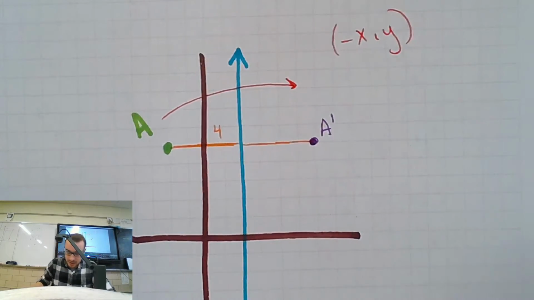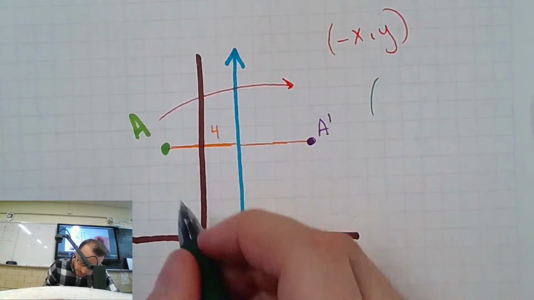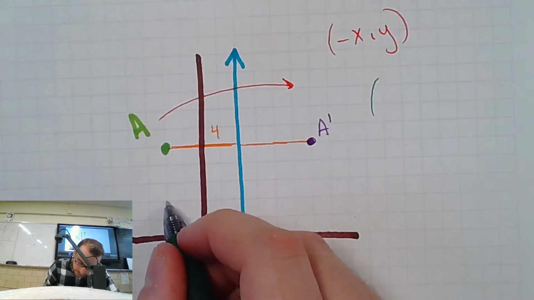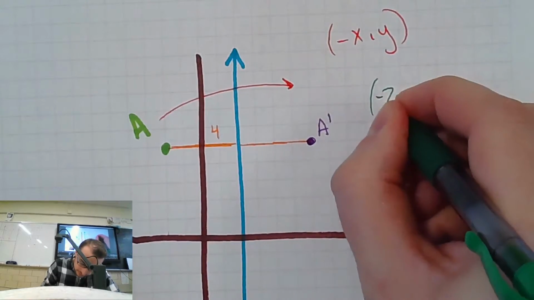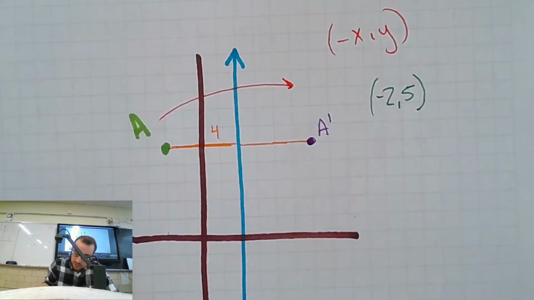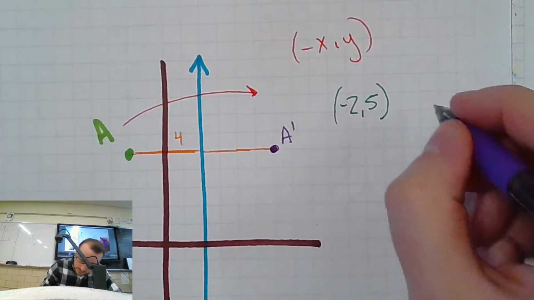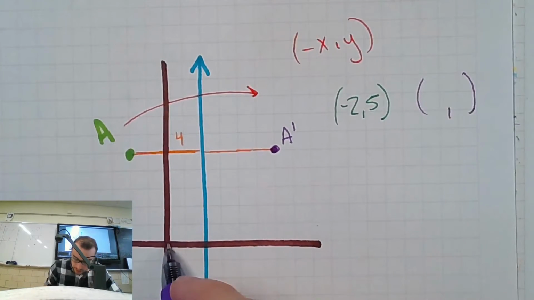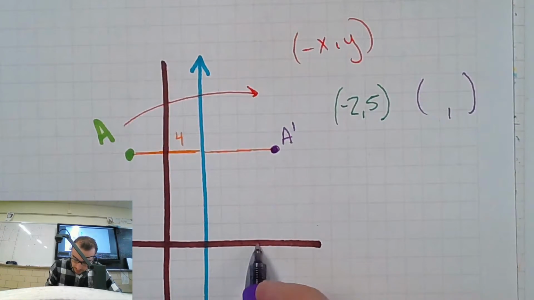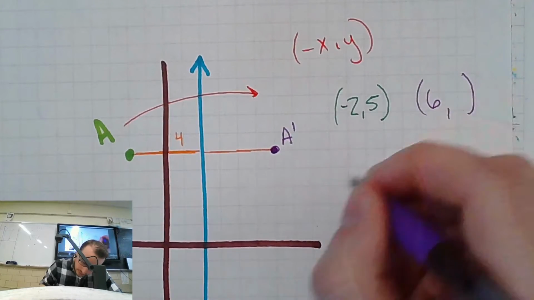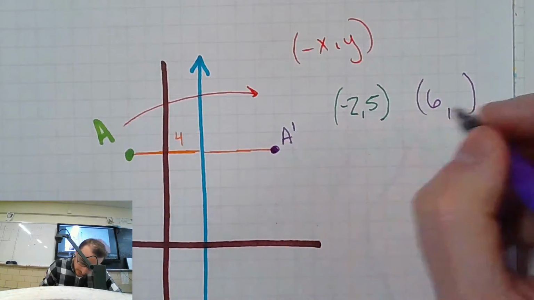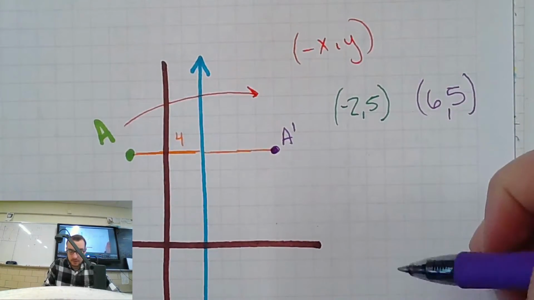Let's write our coordinates down. Looks like A was originally negative 2, 1, 2, 3, 4, 5. And after we flip it, A prime is from the origin 1, 2, 3, 4, 5, 6. 1, 2, 3, 4, 5. So what happened here?